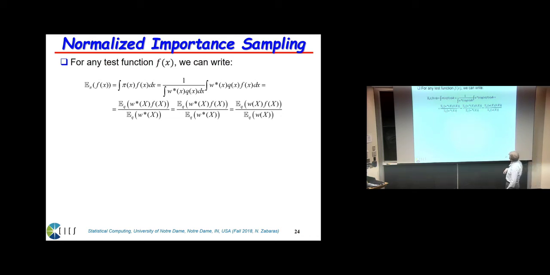And, you know, if you play with the algebra, you will see actually this is really equal, again, to the ratio of the expectation with respect to q of w times f and the expectation with respect to q of w, okay?